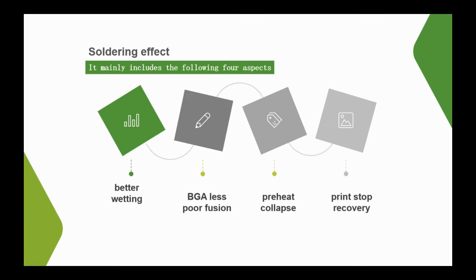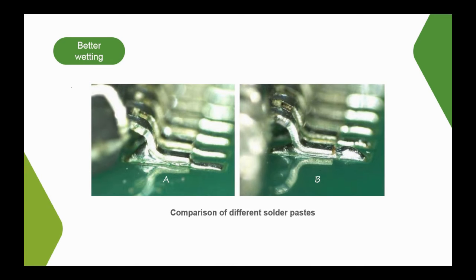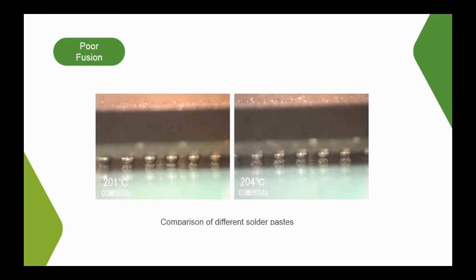It mainly includes the following four aspects: better welding, BGA less perfusing, preheat clamps, and plate stop recoverability. Solder welding is the part of a process in which metal is soldered and bonds with metal on the printed circuit board or component. In the comparison of different solder pastes, you can find A is better welding than B. In the BGA process, due to conditions, limited solder path, fusing compatibility is more important.